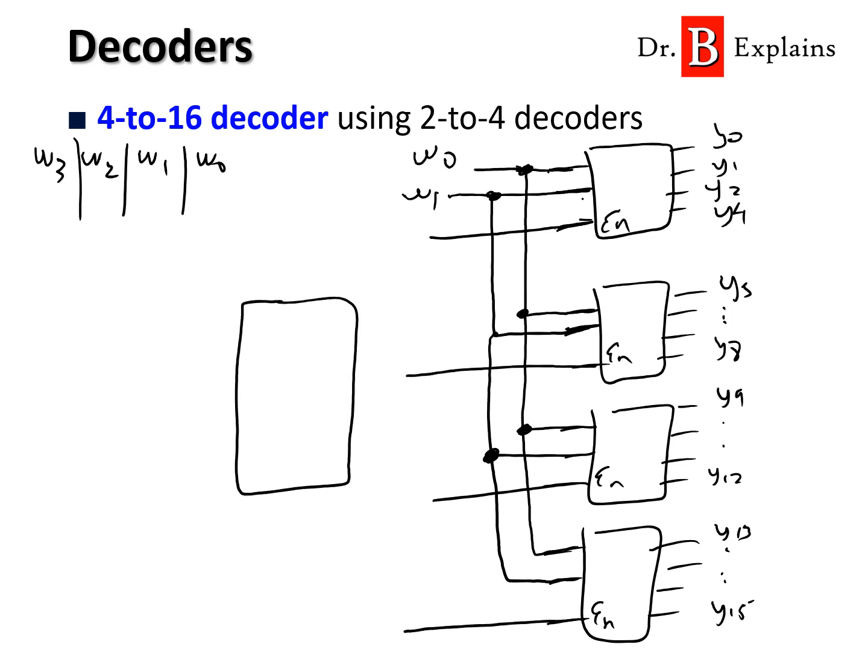Another decoder, 1, 2, 3, and 4. So it's like the 4 divisions of the previous table, right?